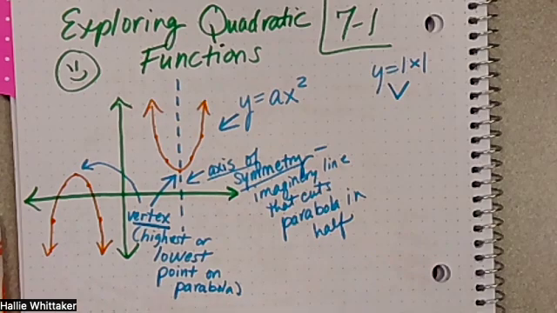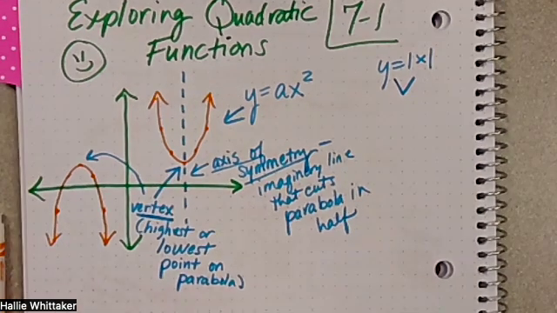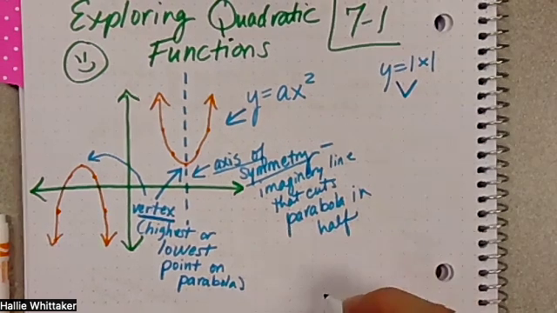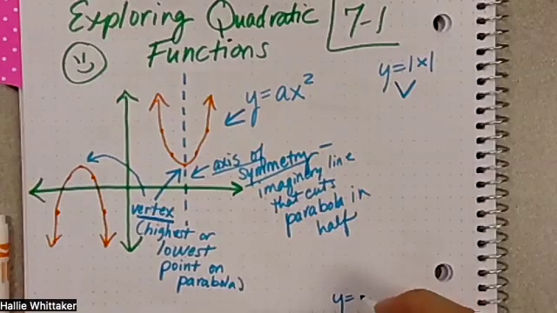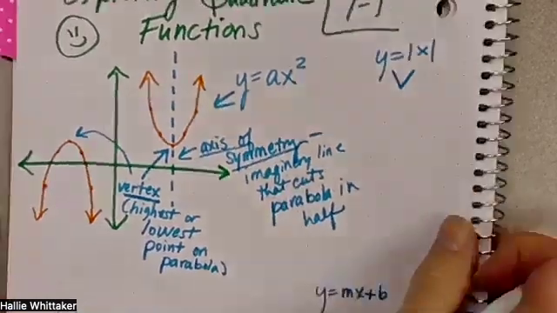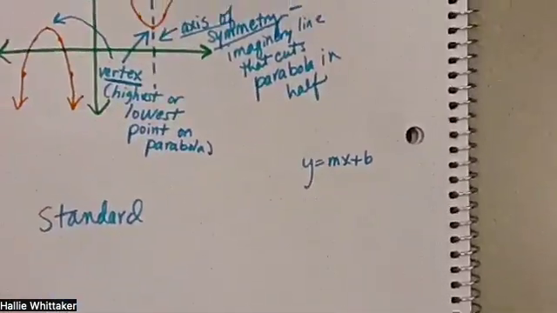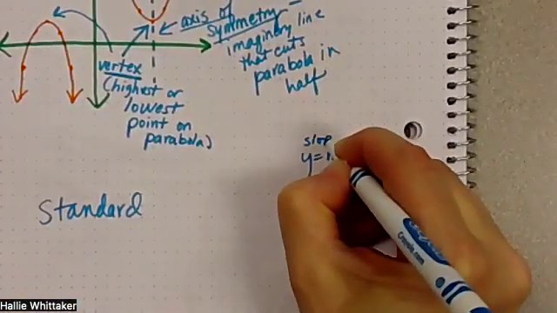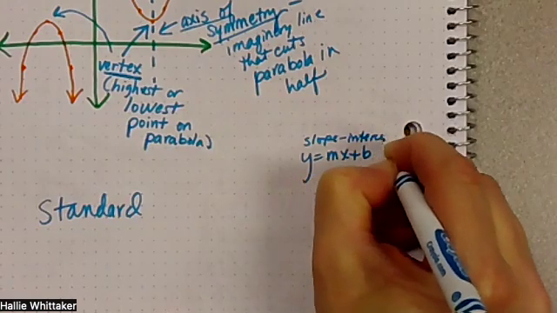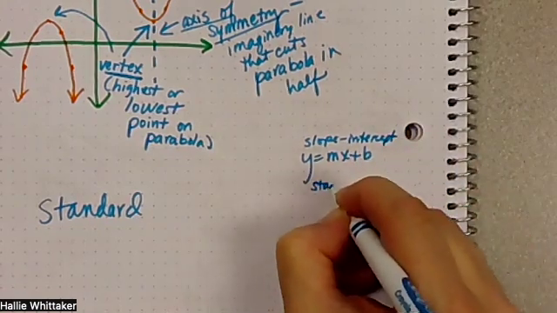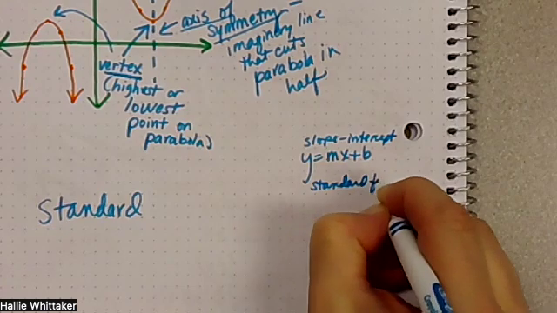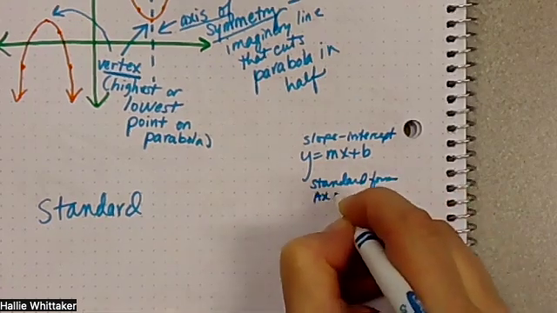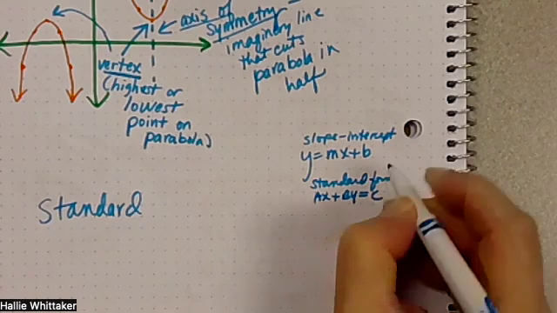Okay, so here's something else to know. You know how with lines we had, quick review, slope-intercept form, which is y equals mx plus b? And then we had standard form, which was ax plus by equals c.